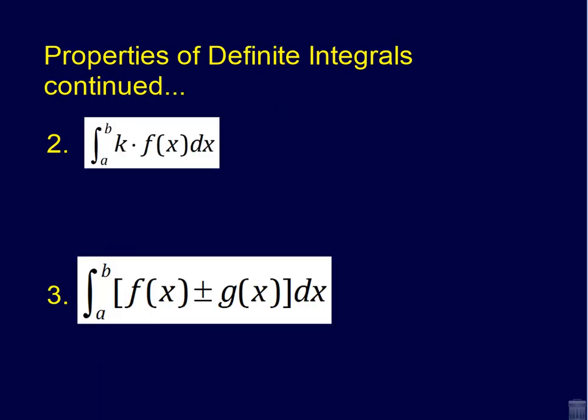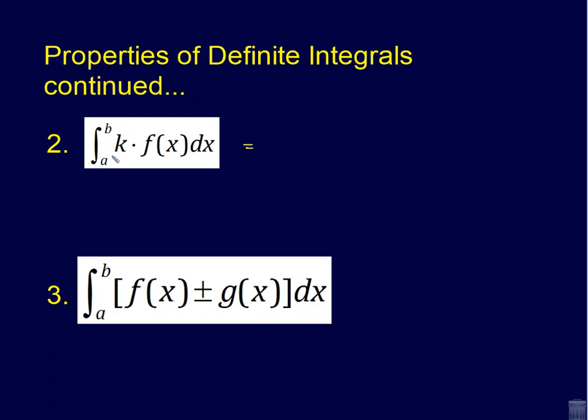Okay, two other properties that we're going to use today. This one says if my function f of x is then multiplied by another number k, or a constant. If you think about it, if I asked you to graph y equals f of x and then asked you to graph y equals 2 times f of x, it just doubles the height of everything, right? Or multiplies the heights by whatever number this is.